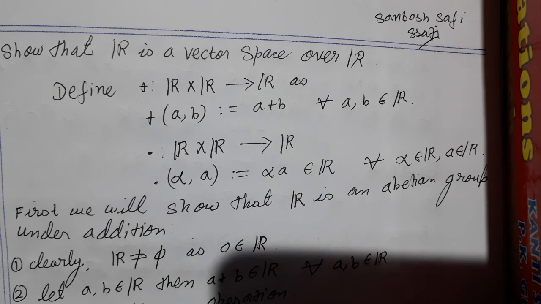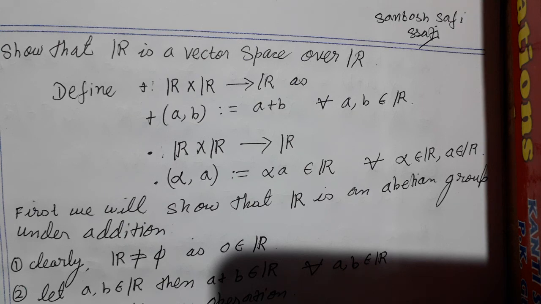So I'm defining two operations, because a vector space should be defined according to two operations. One is plus and one is scalar multiplication. I'm defining plus as: I take the set R cross R goes to R, defined as plus(a, b) equals a plus b for all a, b belonging to real numbers.